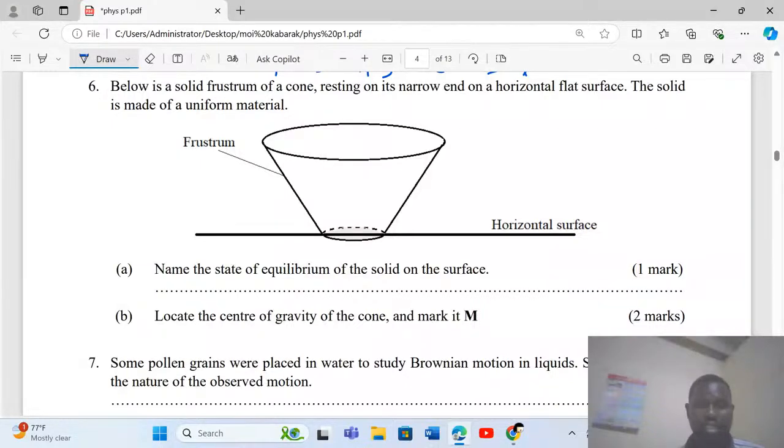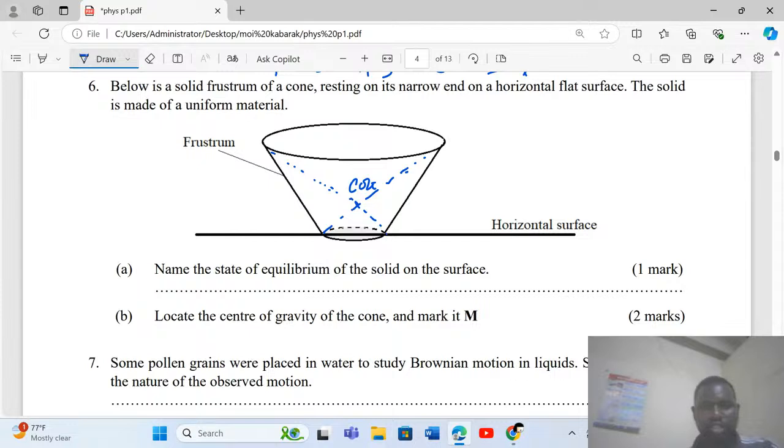Before we answer that part, let's try to identify the center of gravity. So this is the COG.